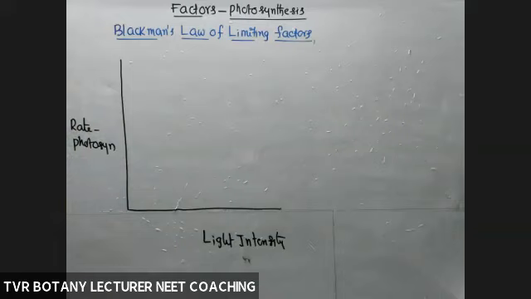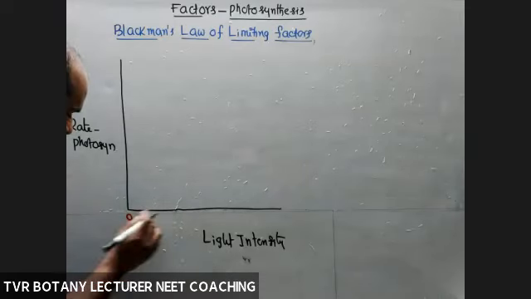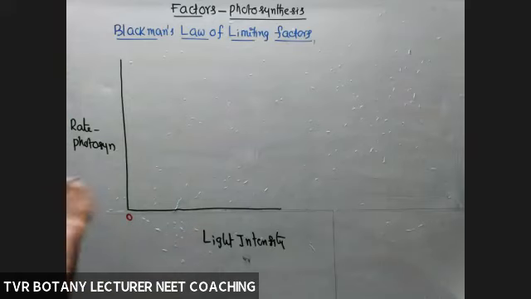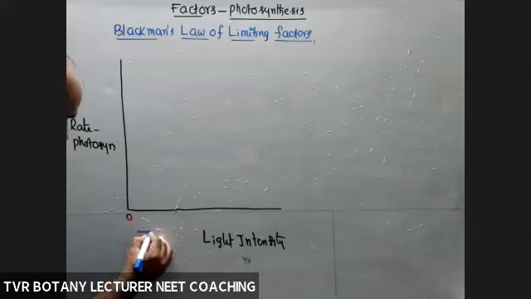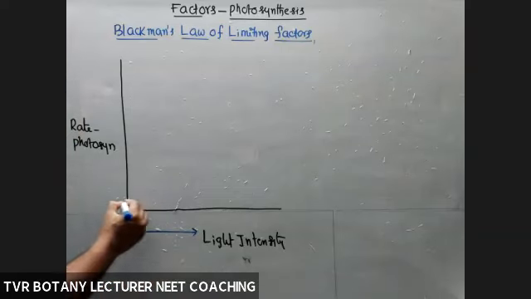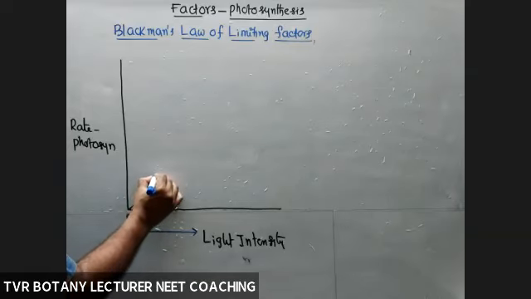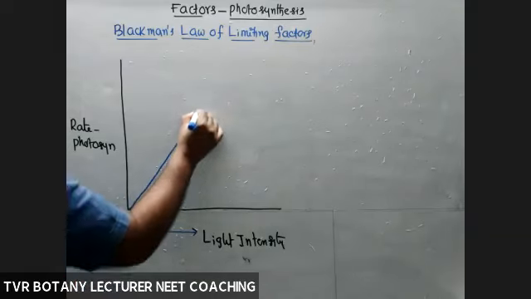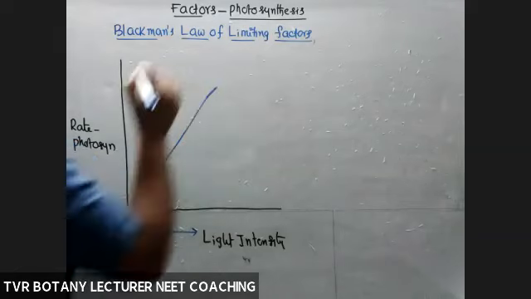Okay, so zero light, no light, definitely there will be no photosynthesis. Gradually, light intensity increased from here to some extent. Now, what about the rate of photosynthetic yield? If light is increased, so gradually increase the light, definitely rate of photosynthesis begins increasing.